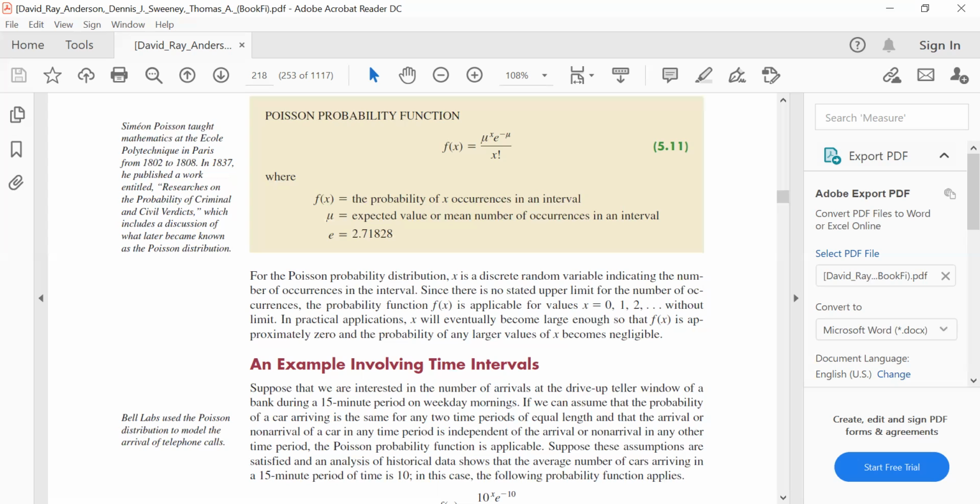If we know the value of mean, we can solve the equation. Because x is the random variable, we can just put the value of x and get the desired results.